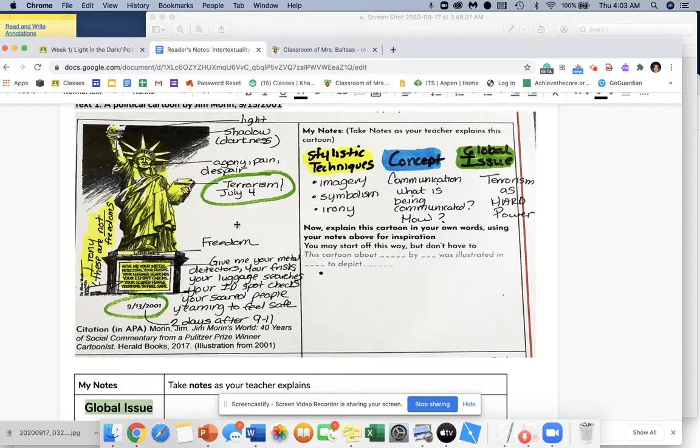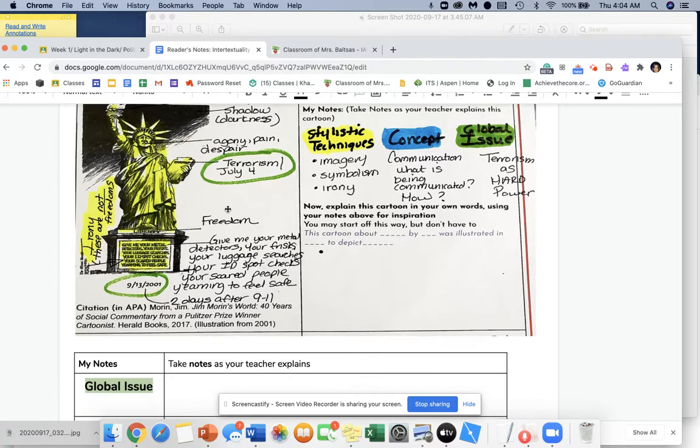So that's an example of imagery for your notes. When you get to symbolism, the symbol, obviously, is the Statue of Liberty, right? It's an object that represents an idea. That idea is freedom and liberty, like it says over here on the bottom of her podium. So that's basically what the symbolism is there.